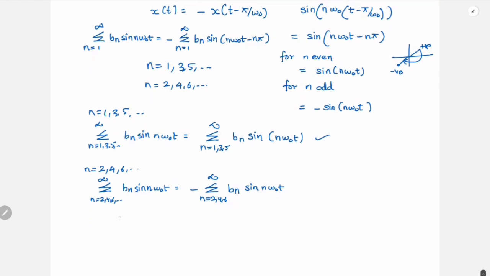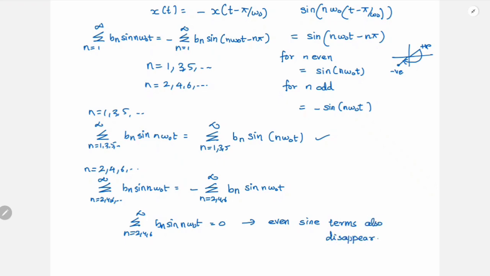Now if we take this to this side, we get 2 times this term equal to 0. If we divide by 2, we get the even terms also going to 0. So the even sine terms also disappear.